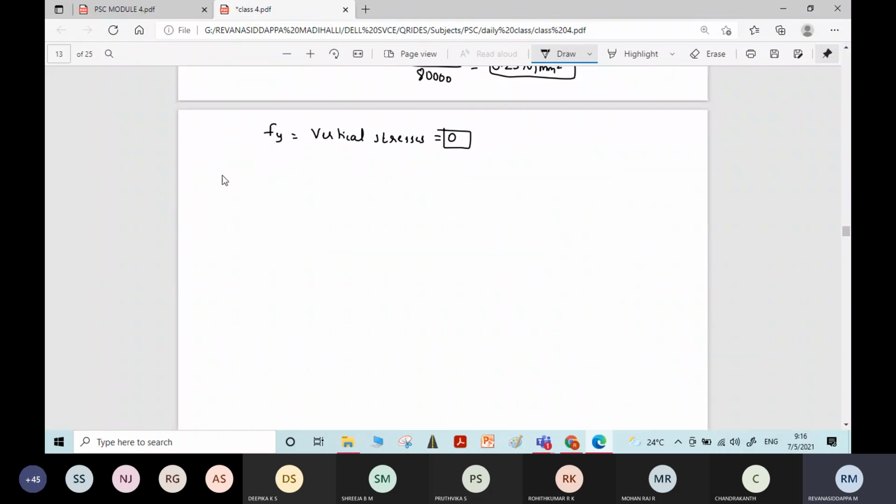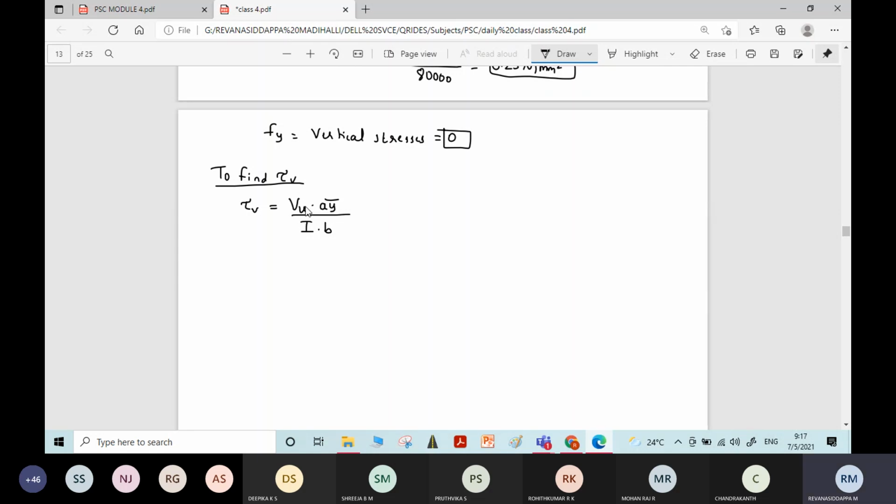To find tau v, we have the formula. Tau v is equal to, what is the formula? Vu into A y bar divided by I into B is the formula. Okay.